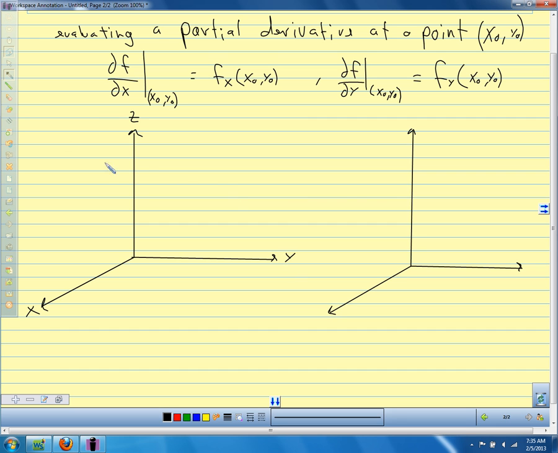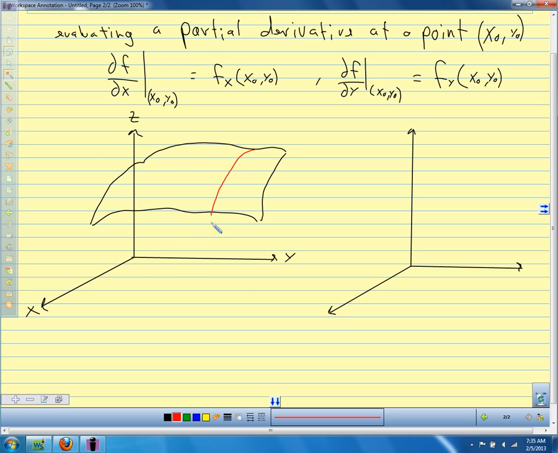We have some surface up here above the x y plane. When we are taking the partial with respect to x, we're picking some constant value of y, and we are looking at how the surface changes with that constant value of y. So let's say this curve represents this constant value of y down here.